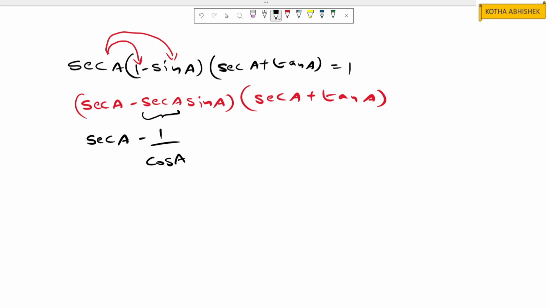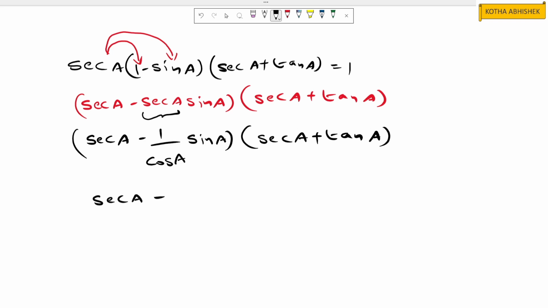So that's why I am writing sec A as 1 by cos A into sin A as it is, times sec A plus tan A as it is. Here sec A minus 1 into sin A is sin A divided by cos A, into sec A plus tan A.